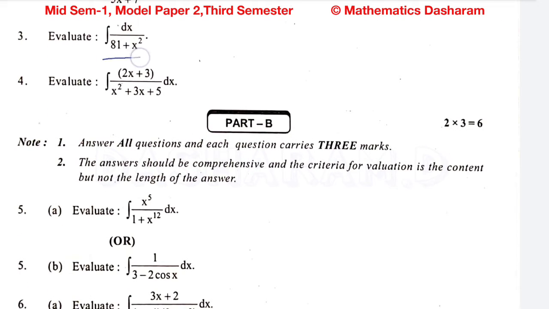evaluate integration of dx by 81 plus x square. So it is equals to integration 1 by 81 can write as a 9 square plus x square dx.